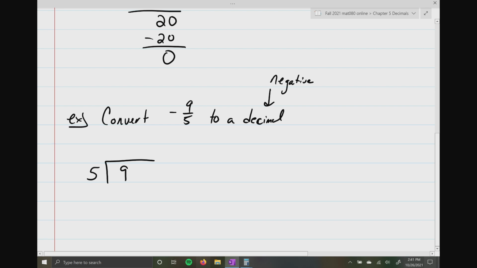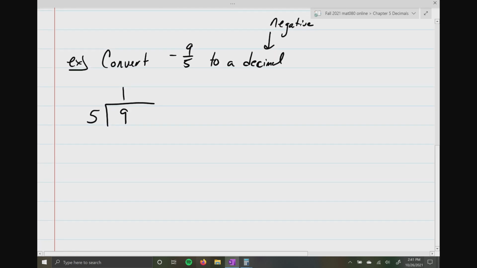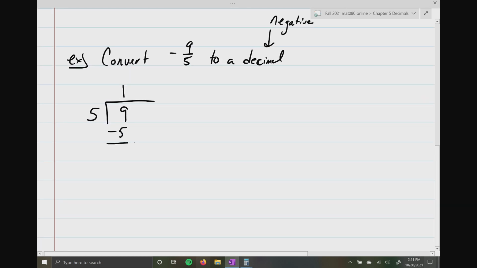And now we're just going to go ahead and divide like we normally would. 5 goes into 9 once, with a remainder 4, but we know we could take this one step further now. We're not going to write remainder 4. What we're going to do is introduce a decimal, write it directly above, and put a 0, and then drop it down. 5 goes into 40 8 times. 8 times 5 is 40.